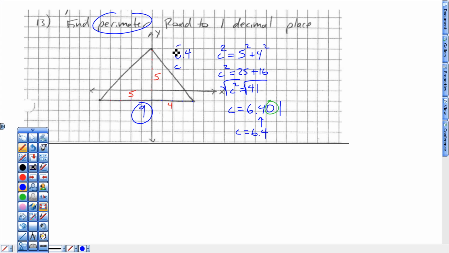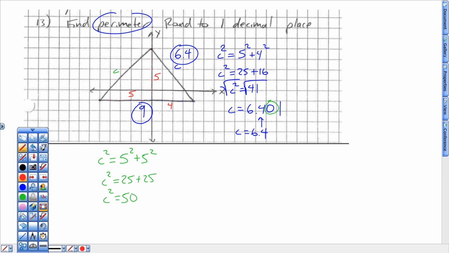Now I just need to find my last length, which is this one right here. We'll call it maybe the green C. So that one comes from C squared equals 5 squared plus another 5 squared, C squared equals 25 plus 25. Don't get no 10 there. Gives me 50. And then I'm going to square root 50.